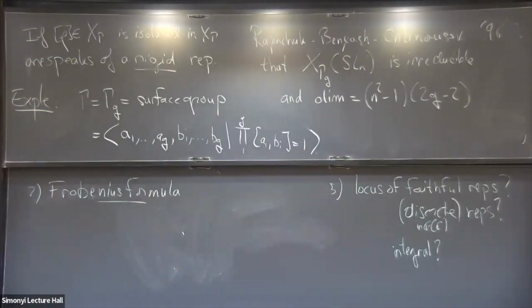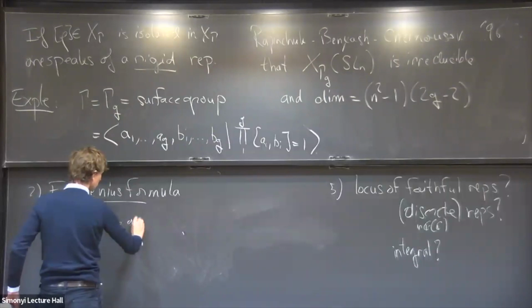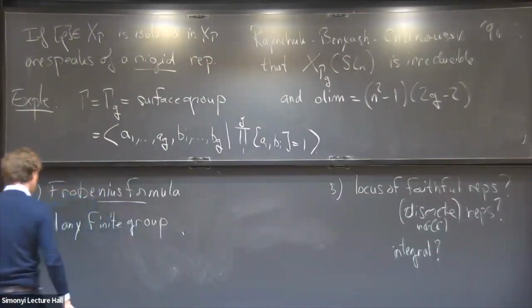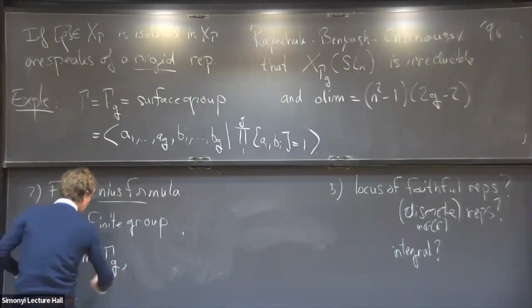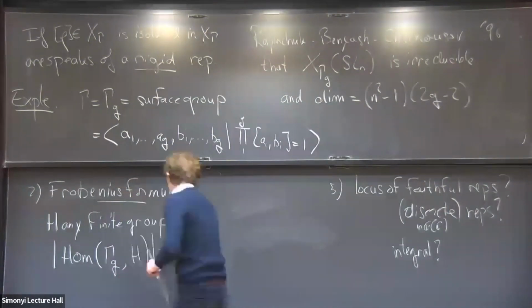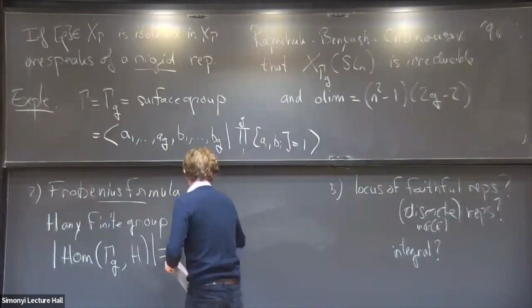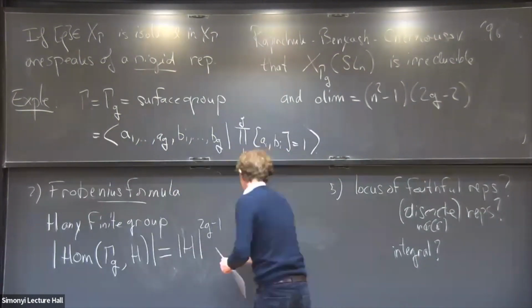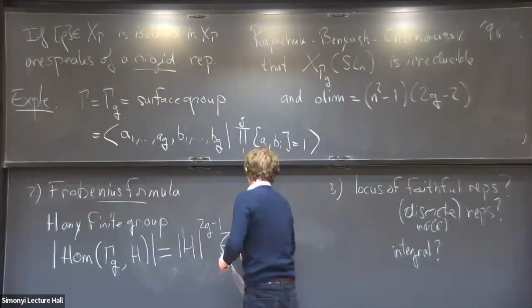Frobenius shows that, and that's true for any finite group H, you can count how many homomorphisms there are from the surface group to the finite group, and the formula is just this. The formula is the size of H to the 2g minus 1 times the zeta function of H at the point 2g minus 2.